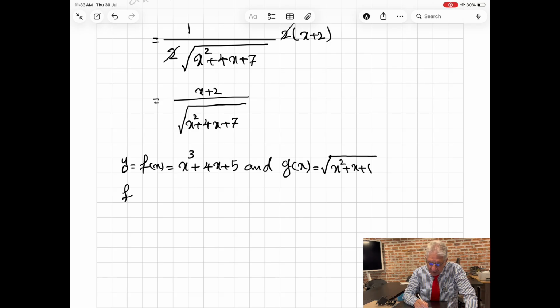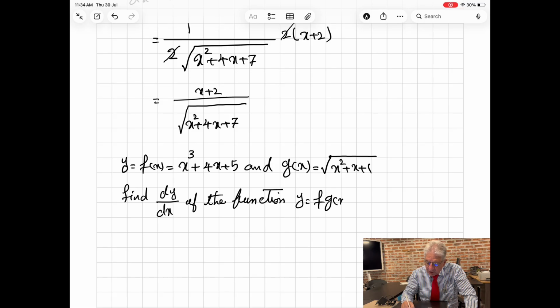Now, find dy by dx of the function y equal to f of g of x.